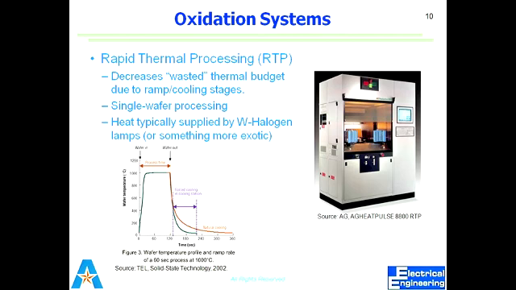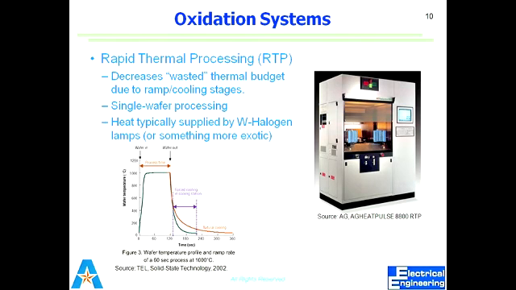What is it in the fast ramp process? That rate is actually 50 to 75 degrees centigrade in 1 second, not in a minute. So in just a few seconds, you heat it up to 1000 degrees centigrade.